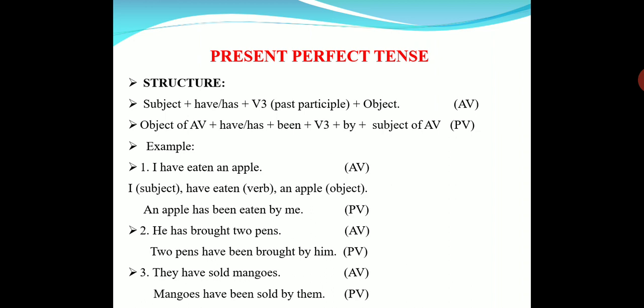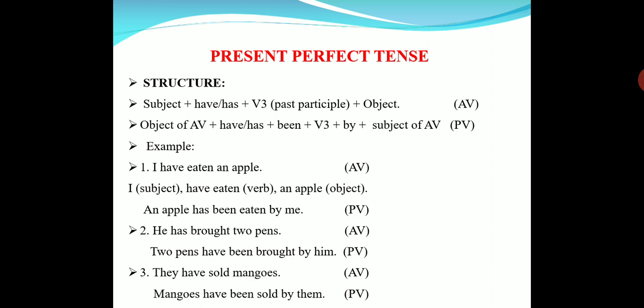Here we have to remember how to use have and has. For I, we use have. For he, she, it, we use has. And for all the plurals, we, you, they, and any other plural of a third person, we use have.